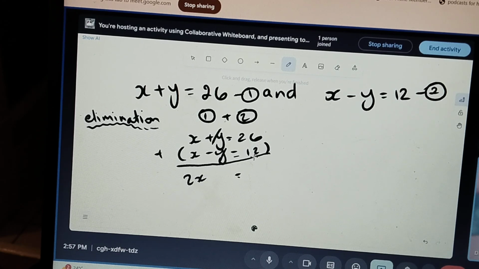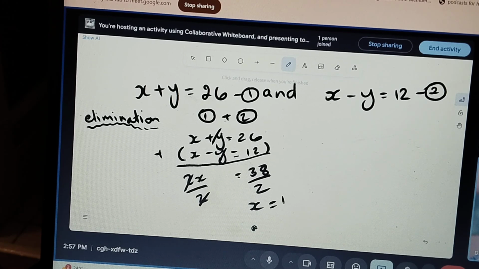And 26 plus 12 is 38. So 2x equals 38. What do I have to multiply by 2 to get 38? I can divide both of these by 2. The 2's cancel. 19. Good. x equals 19.